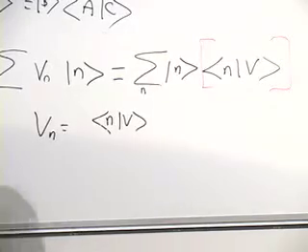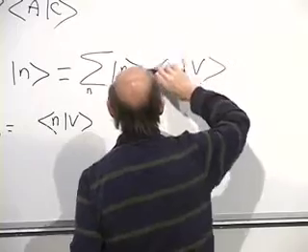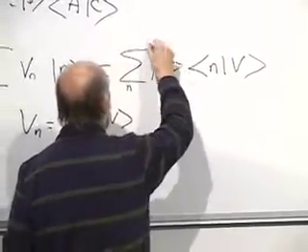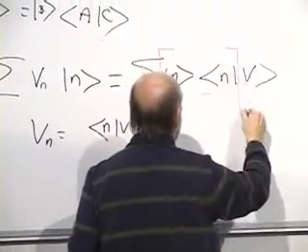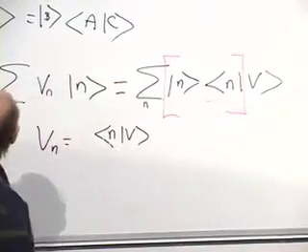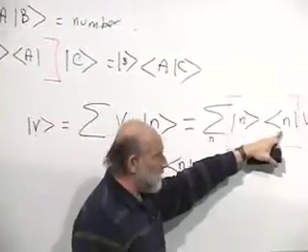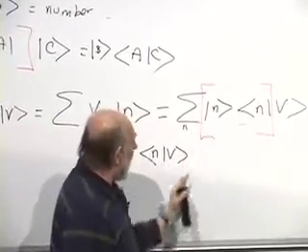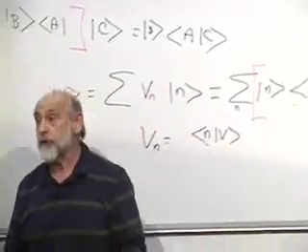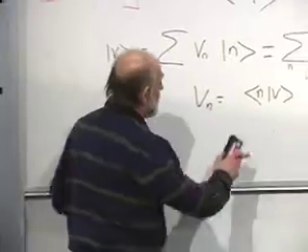But the other way that you can read it, which is also correct, is to say that we have a set of operators, these kind of outer product operators, one for each basis vector. What happens when you add operators? You get operators.